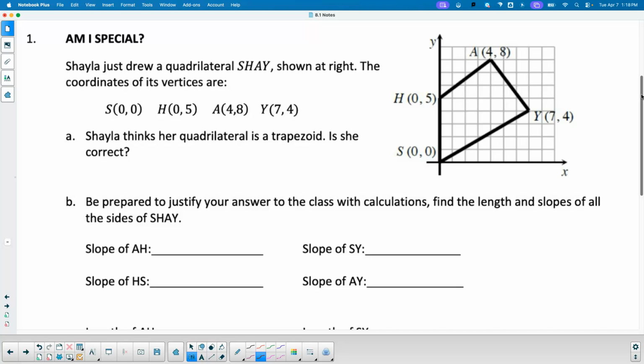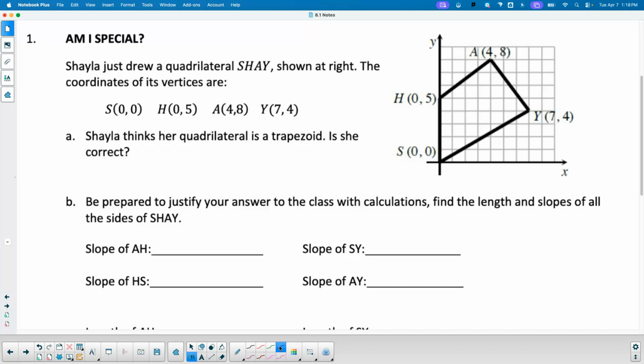Those angles are supplementary, okay, right? Okay, but that means we've got to find the slope of all of those sides. So what is the slope of AH?